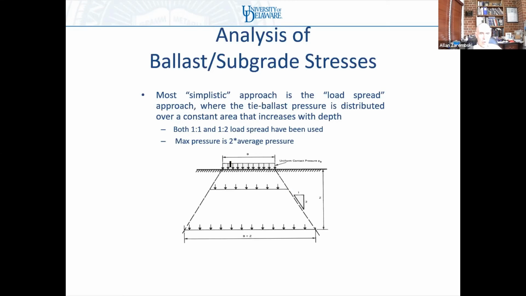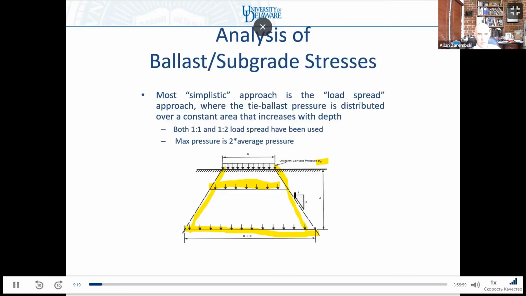Okay. So as I said, the most simplistic approach is the load spread approach. And that basically says that the pressure underneath the bottom of the tie, which we usually refer to as P sub A, is distributed as a function of the cross-sectional area of the zone underneath the sleeper, where the angle of spread is between 1 and 1 and 1 and 2.